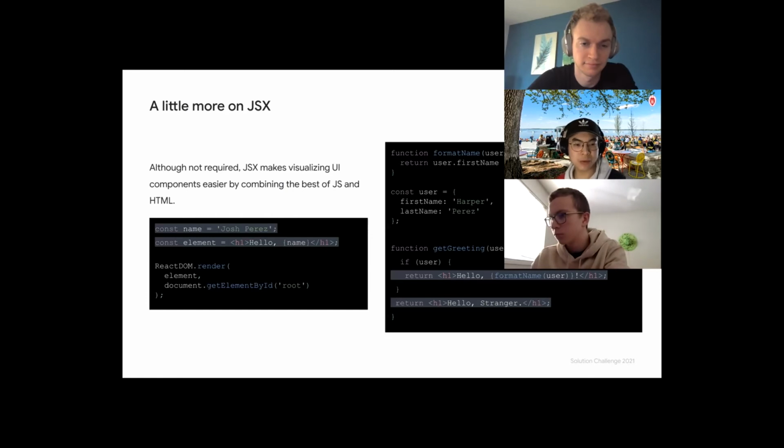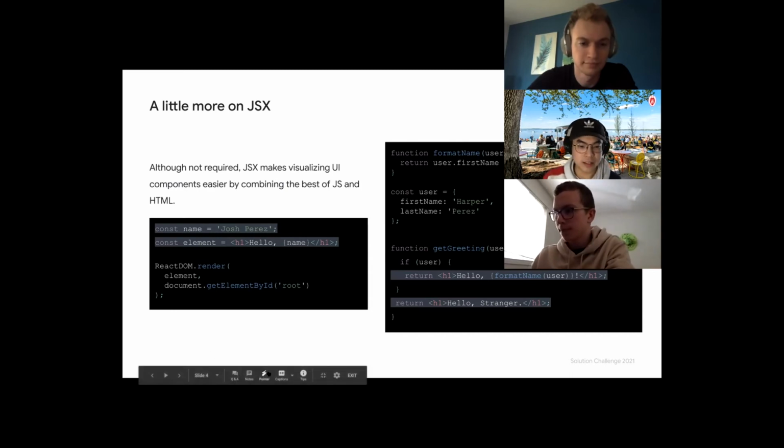It's not really required for you to use JSX, but it is very much recommended because it helps you visualize the HTML UI components, and at the same time also use the powerful tools or libraries that JavaScript has.